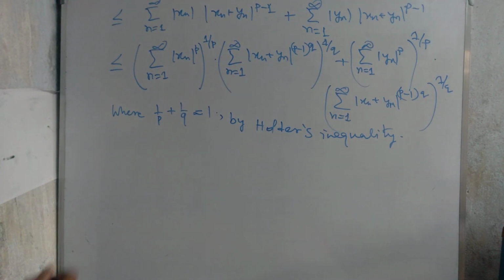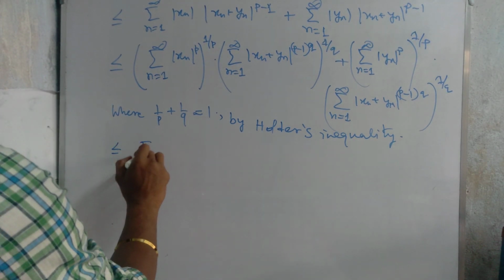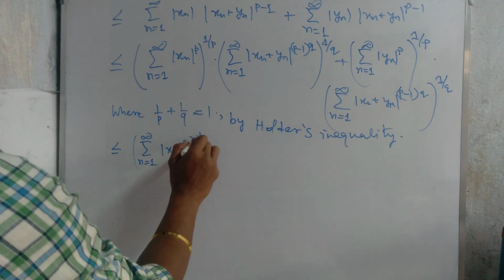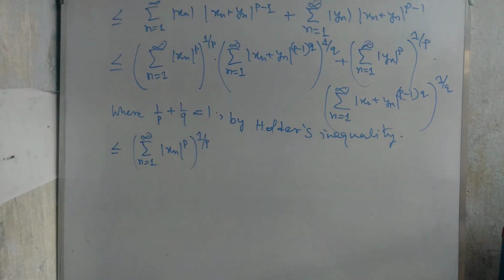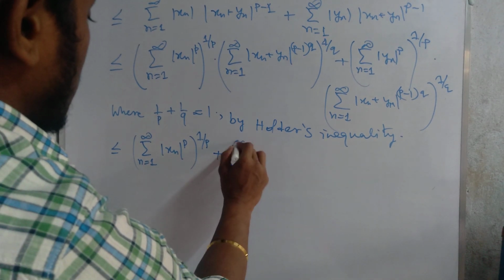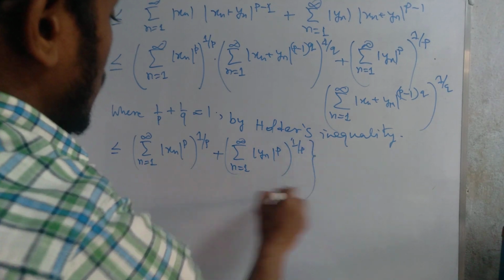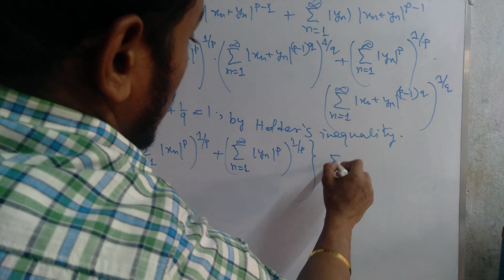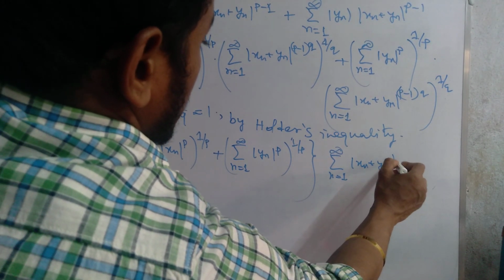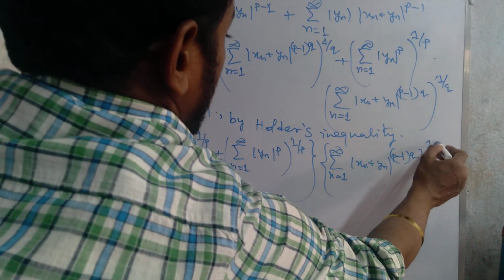Then this is less than or equal to the sum over n equal to 1 to infinity of |xn| to the power p, whole to the power 1 by p, plus the sum of |yn| to the power p, whole to the power 1 by p, times the common factor, the sum of |xn plus yn| to the power (p minus 1) into q, whole to the power 1 by q.